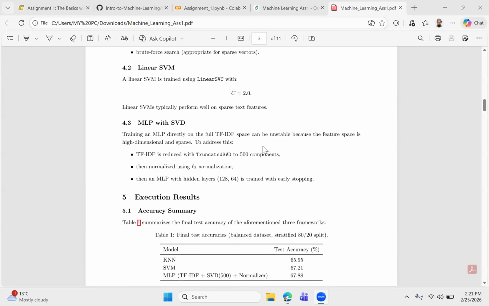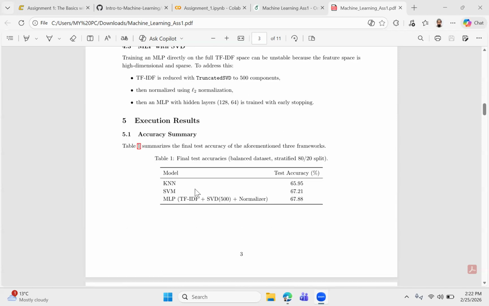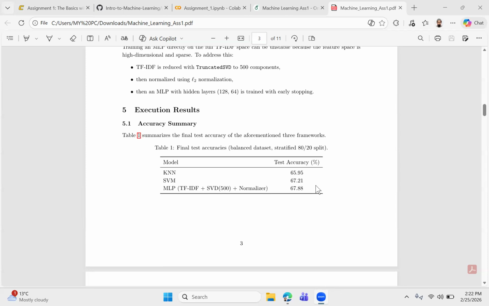So my results are like this. In the KNN case it's 65.95%, SVM 67.21%, and MLP 67.88%. That means in all three cases, the requirement is satisfied.